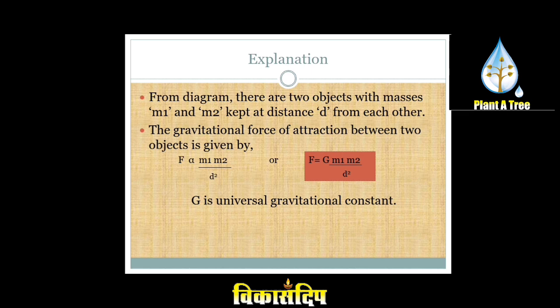The terms are already known to you: m1 is the mass of object 1, m2 is the mass of object 2, and d is the distance between m1 and m2. When we remove this proportionality sign, we have to put in a constant, and here the constant is G, which is nothing but the universal gravitational constant.